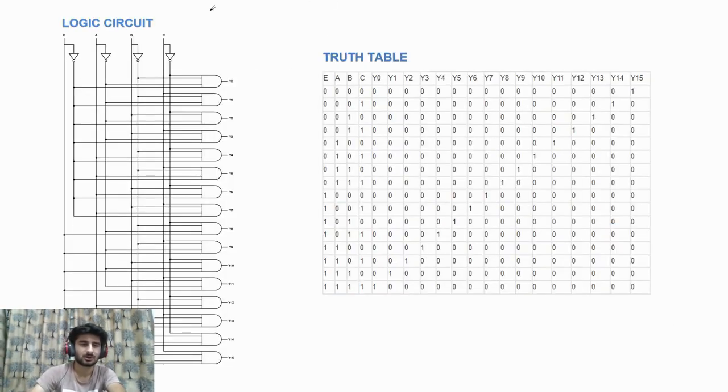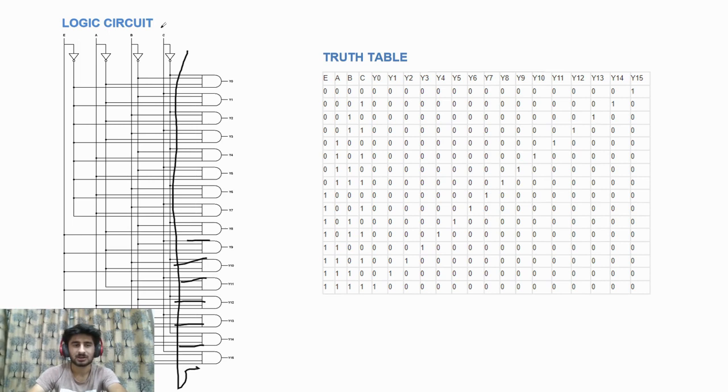So this is the 4 to 16 logic circuit. If the enable is low, then it doesn't show any output. If the enable becomes active, only then does it show output based on the inputs.